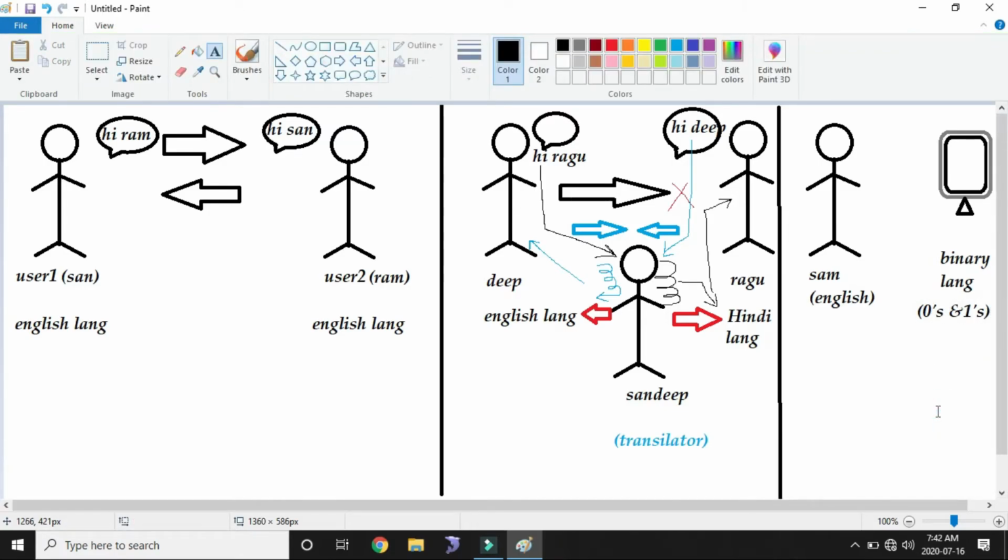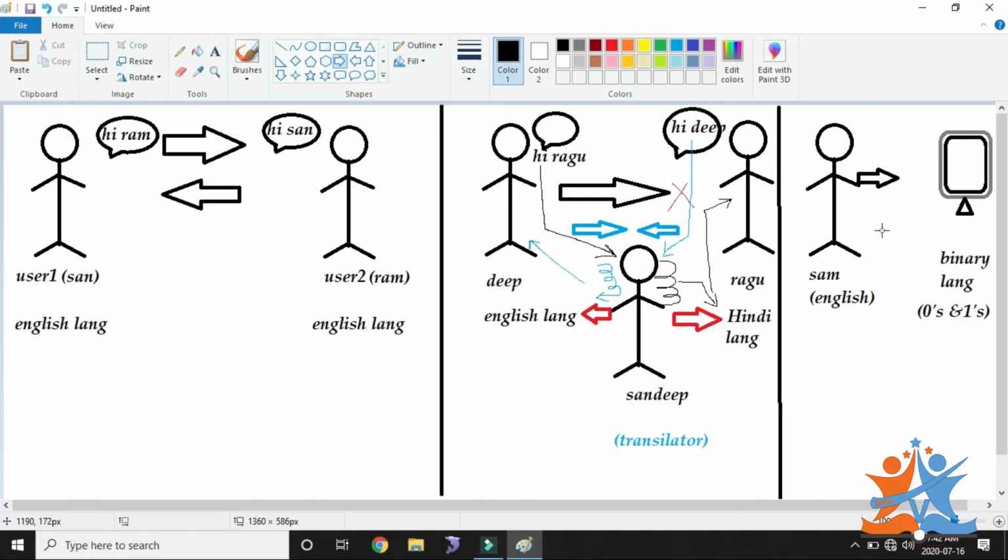So whenever he gives a message or any program to the system, will the system directly understand that language? No, English is never directly understood by the machine.